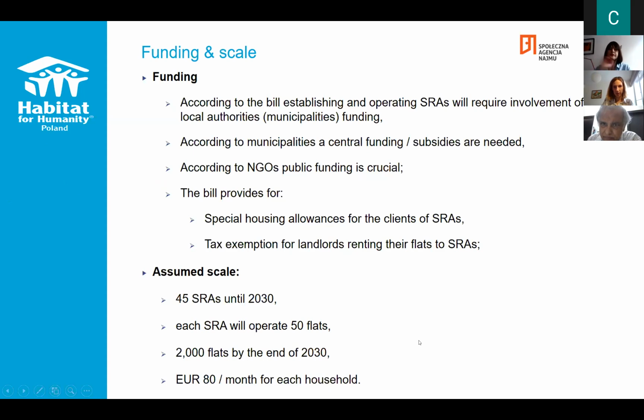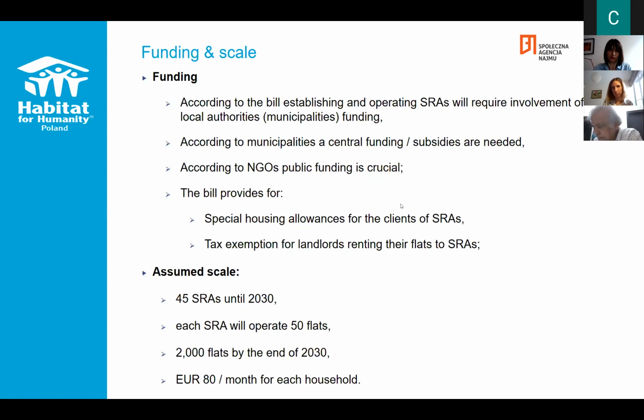According to the bill, as I mentioned, it will be a municipal decision. So the municipality will have to pay some of the cost of running social rental agencies. There are also some financial incentives provided. So tax exemption for landlords who will rent their flats to SRAs will be introduced, and there will be special housing allowances for the clients of SRAs.